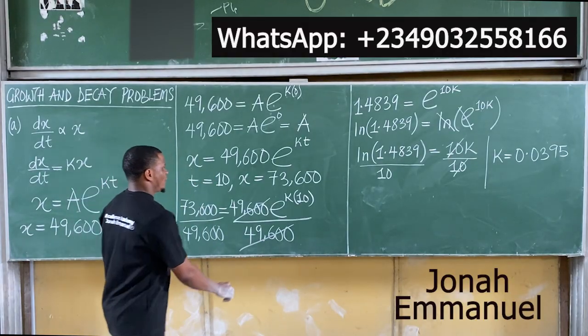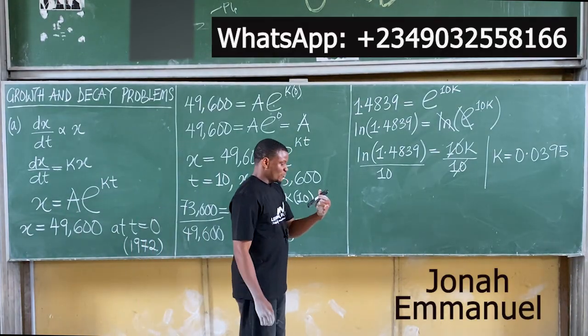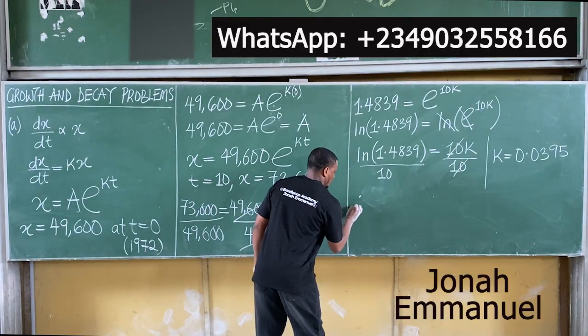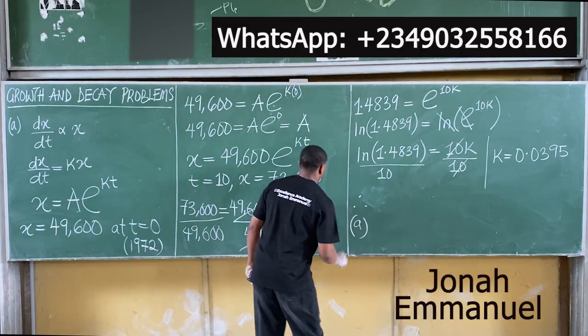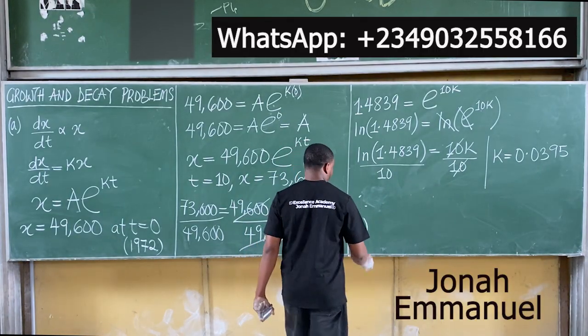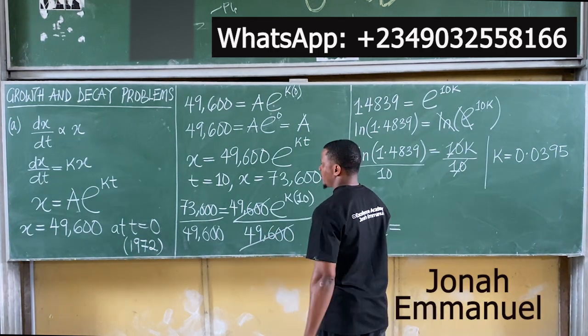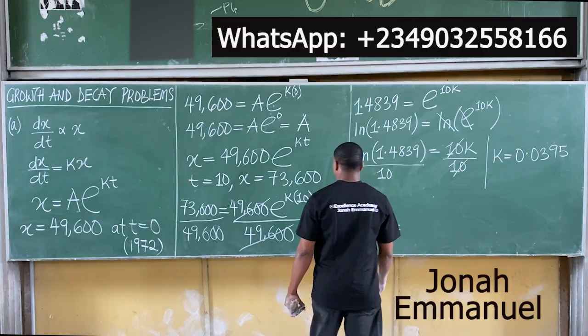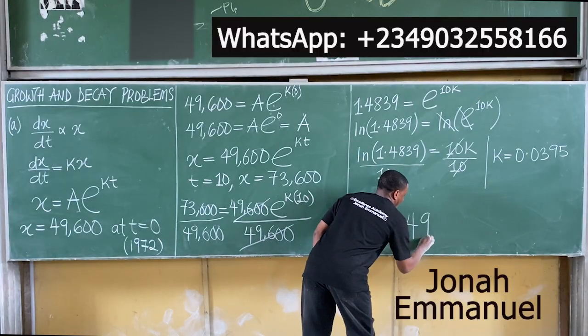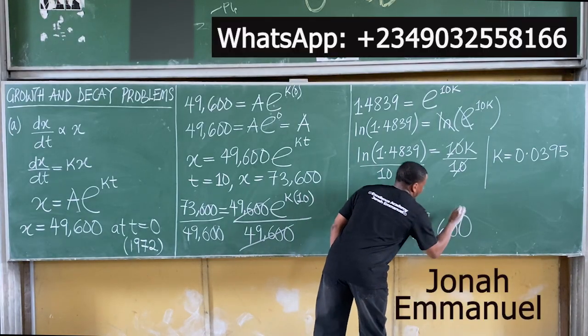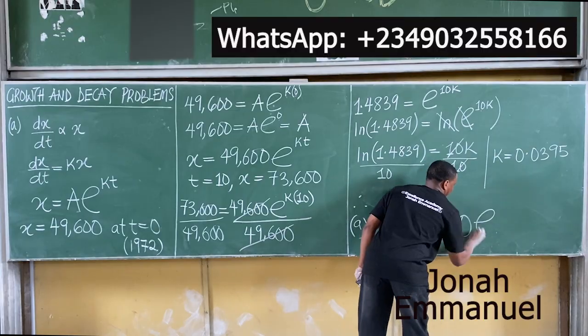Let's substitute. So that was the A part. The A part should obtain an equation. The obtained equation now is that x is equal to a, and the value for a is 49,600, exponential kt.